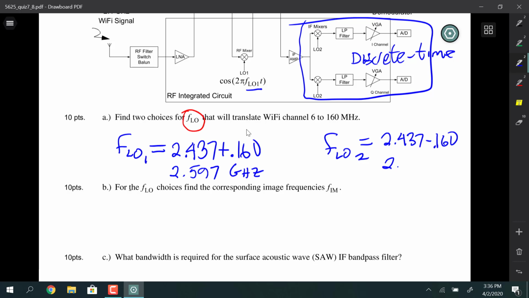So what is the image frequency going to be? Let's just, in this case, take the image frequency associated with the high side tuning. Remember I told you before that a good thing to do is to draw a little picture. So you want to convert to 0.16, and you're up here at, I'll just compress the axis here and pretend that there's a cut there.